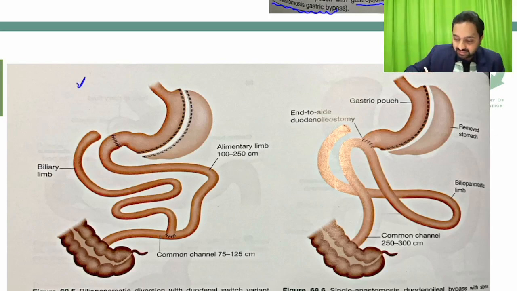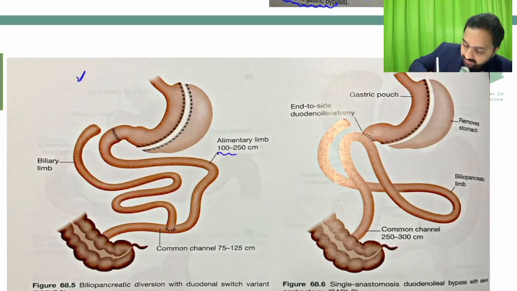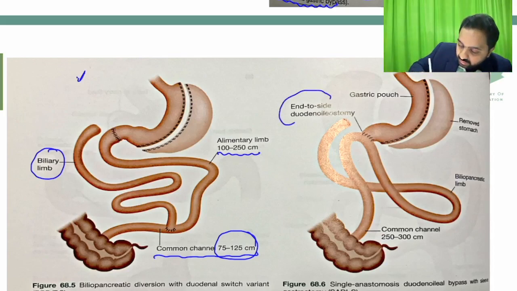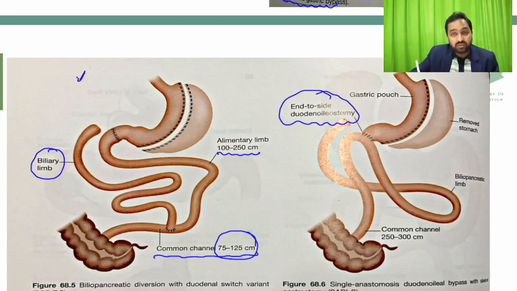If you see, the alimentary limb over here is around 100 to 250 centimeter, this is your biliary limb, and this is your common channel, which is 75 to 125 centimeter. Now a recent update has been the single anastomosis duodenal-ileal bypass with sleeve gastrectomy. If you see, there is an end to side duodenal-ileostomy which is being done over here, right?